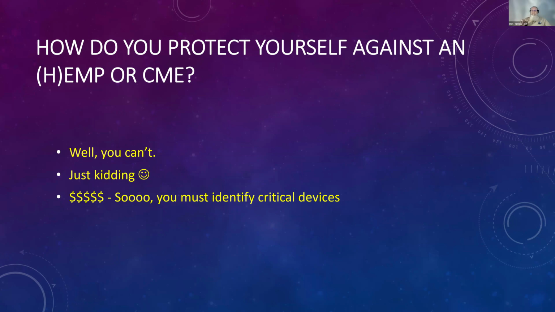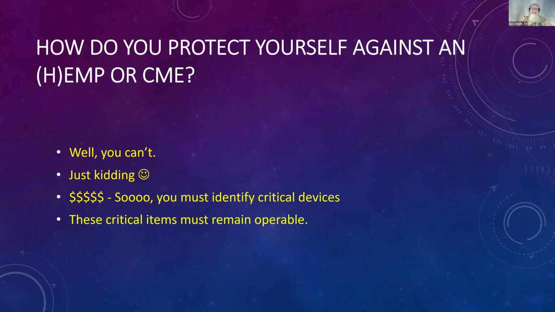So for this reason, you need to identify and shield your critical pieces of equipment that you want to survive following an EMP strike. Now, ideally, these critical items must remain operable no matter how intense the EMP signal is, and no matter when it occurs.